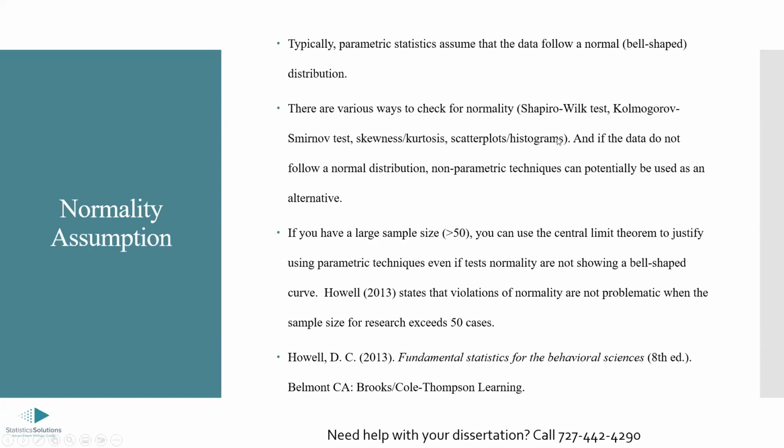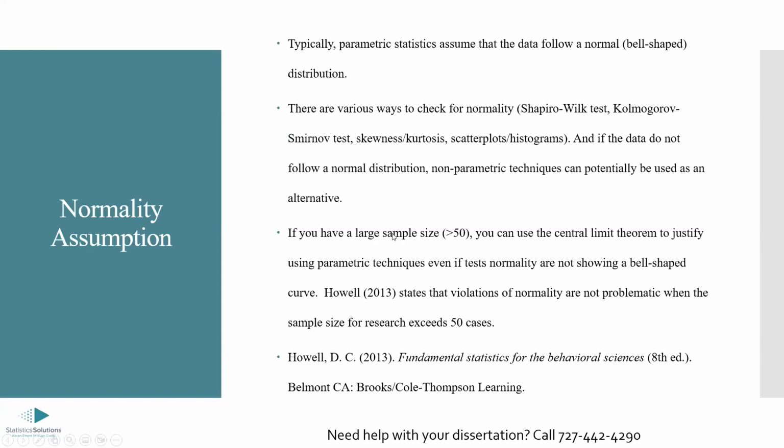I think scatter plots and histograms are valid, but they're more subjective. Everybody's going to interpret the scatter plot and histogram a little bit differently. So I tend to steer towards Shapiro-Wilk and Kolmogorov-Smirnov tests. If the data don't follow a normal distribution, then you can consider running a non-parametric alternative.